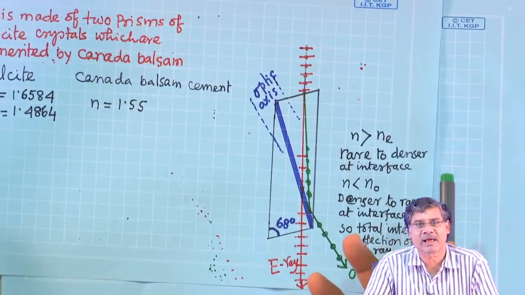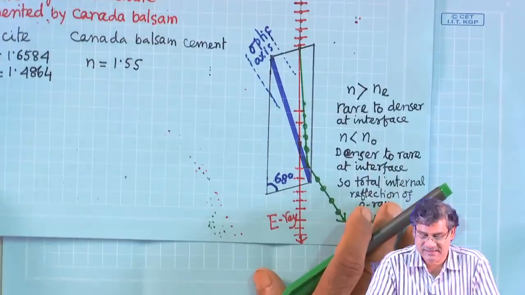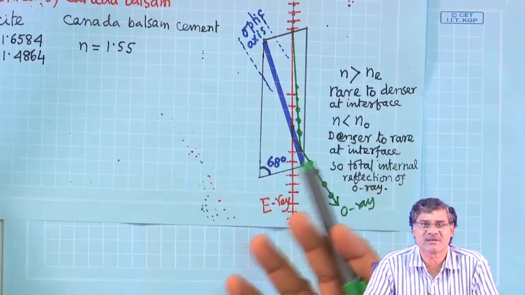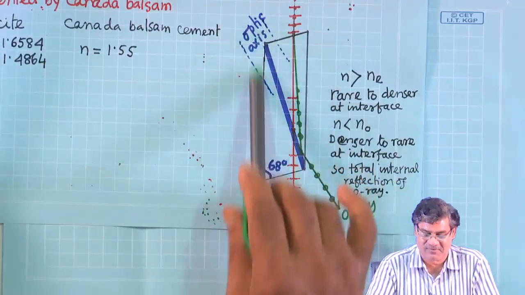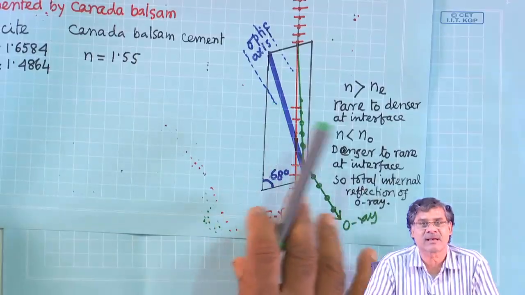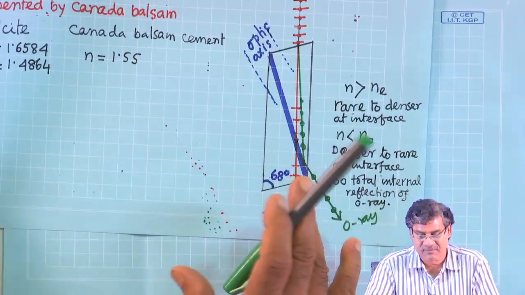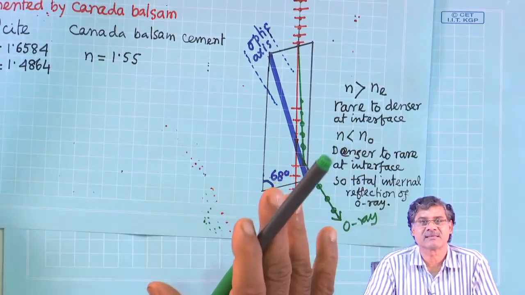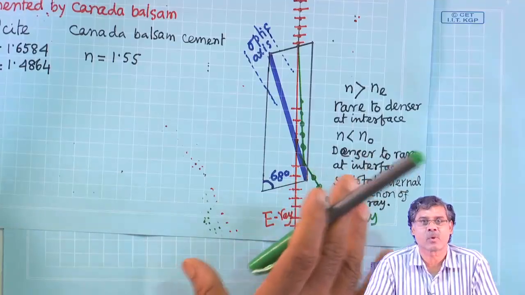So, how is it polarized? Now it is clear. There are other kinds of polarizers, of course. The Nicol prism is one type. So, this Nicol prism is used as a polarizer.